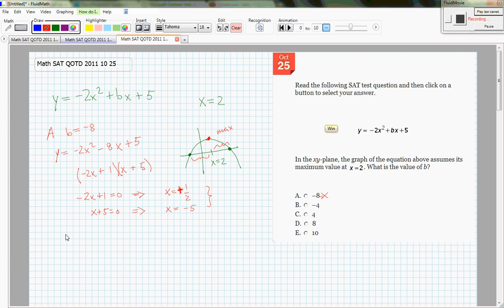Now that I'm thinking about it, let's look at the quadratic equation.